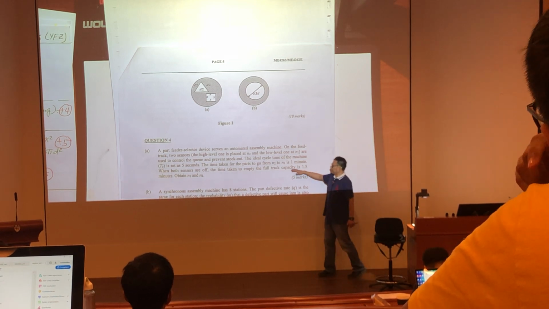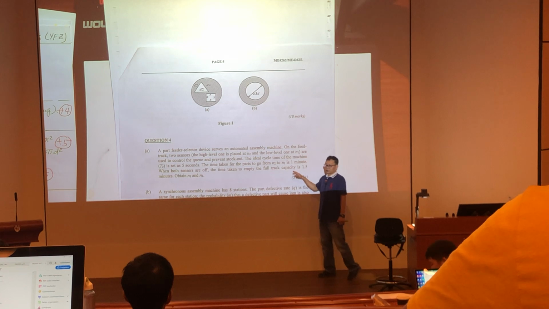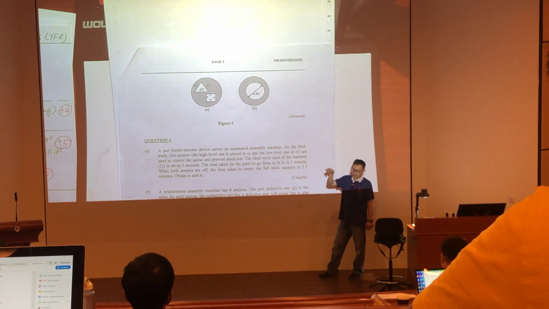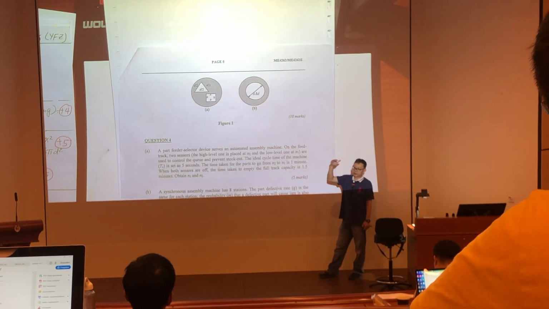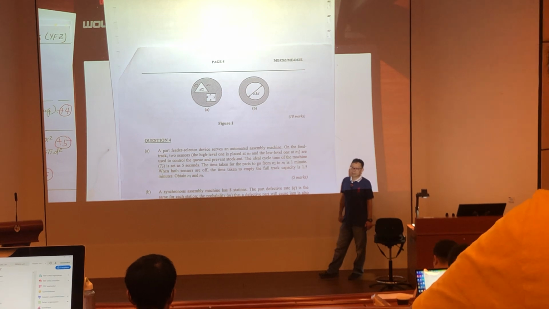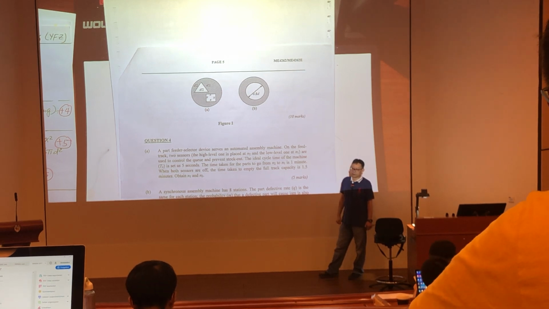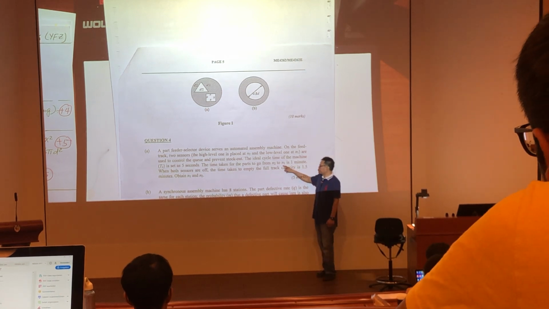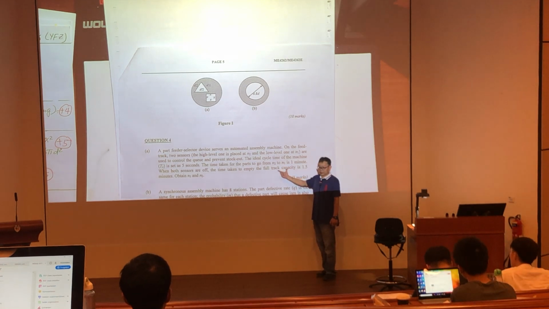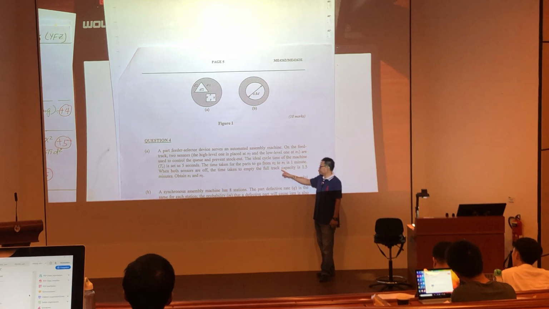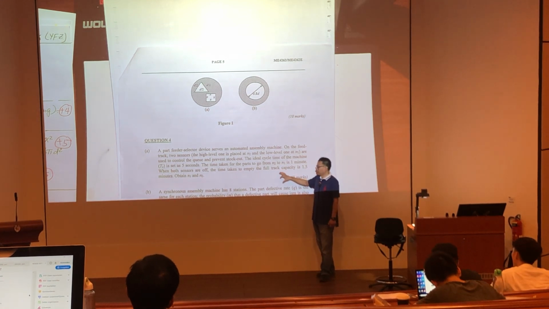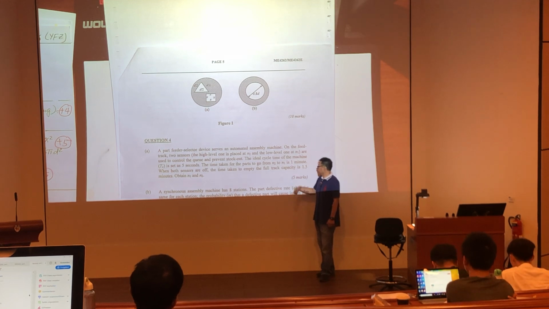In this case, the track capacity is N2, which always corresponds to the high-level sensor. To empty it, the number of parts to be taken out is purely N2, because to empty it, the bottom is 0.